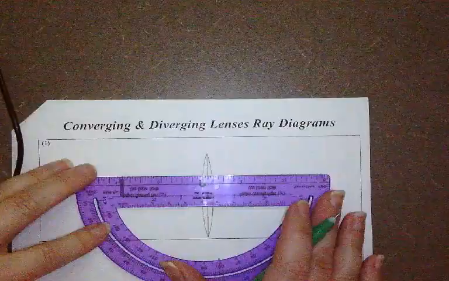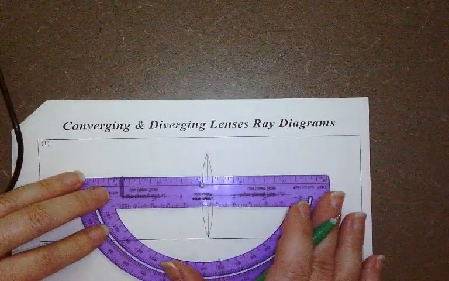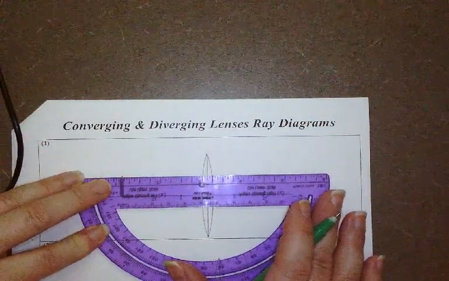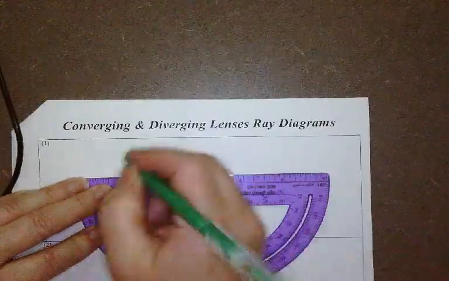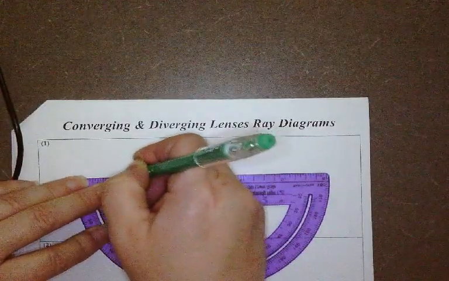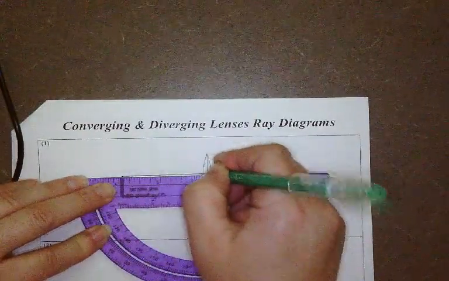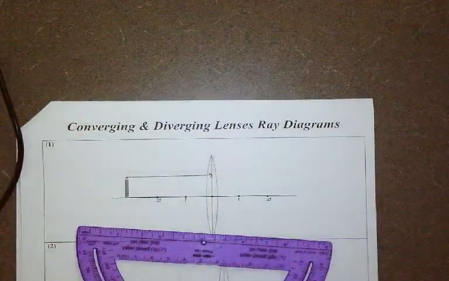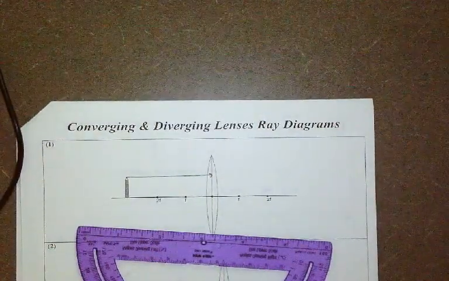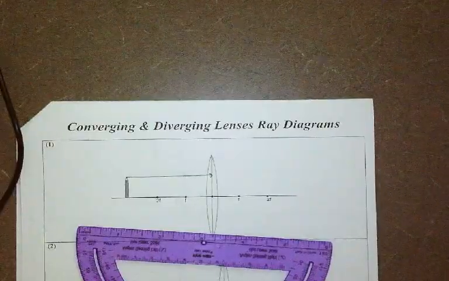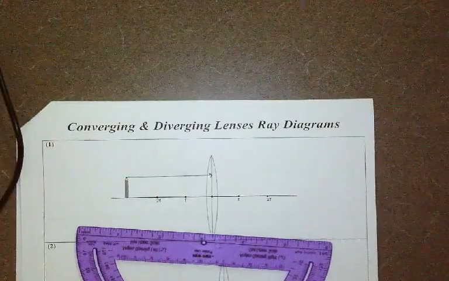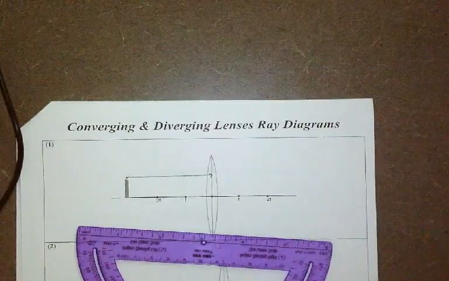All right, so let's look at drawing that first ray. So the first ray we're going to draw is the ray that is parallel to that principal axis from the top of our object, okay? For lenses, we just have all of the rays originate at the top of the object. You don't necessarily have to, but it just makes it easier, okay?